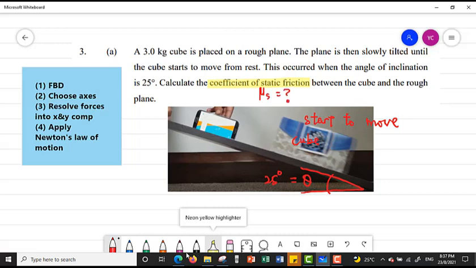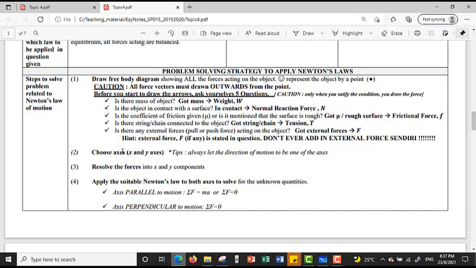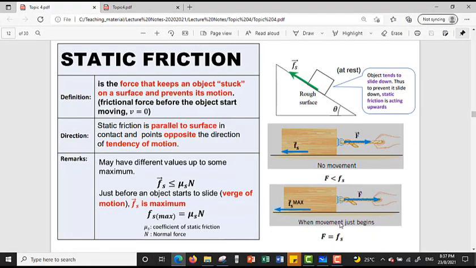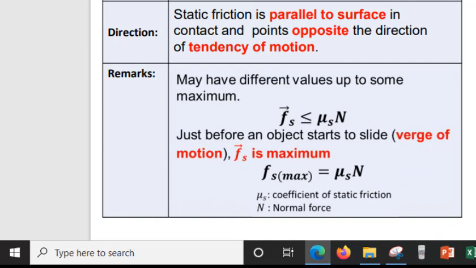If we refer back to our concept we learned about forces, for static friction, when the object just starts to slide, at the verge of motion, the static friction force is maximum.